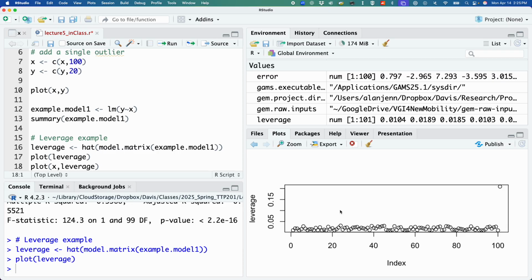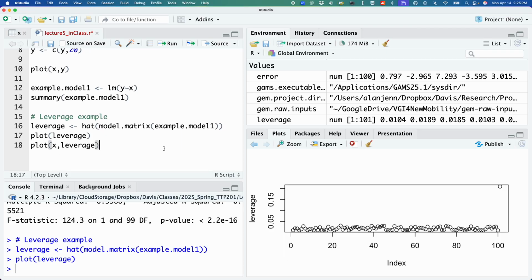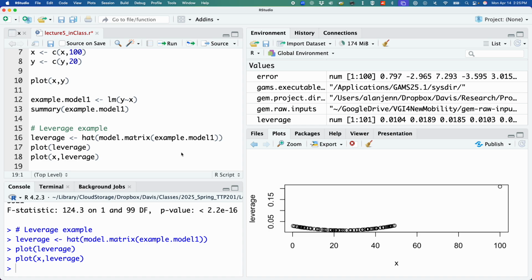And so you can say, I've chosen to classify a particular point as an outlier because its leverage is above X value. Okay? Any questions about that? And you can plot it against x to easily see which x value the leverage corresponds to.